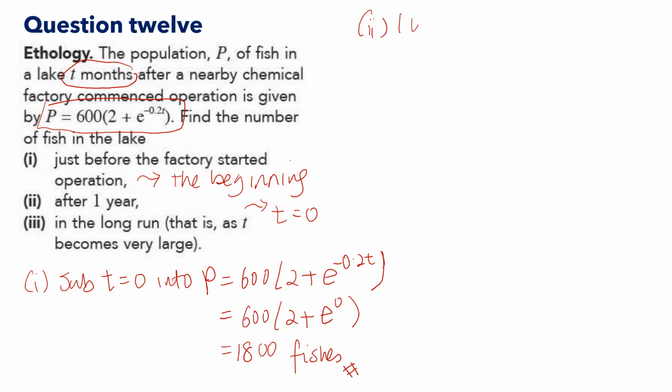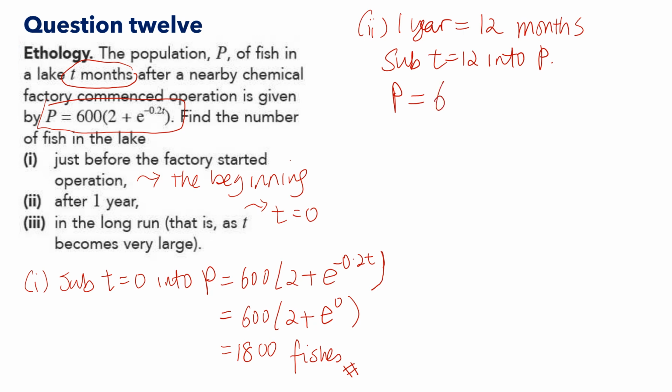So substitute t equals 12 into p. Let's see how much we get. It will be 600 bracket 2 plus e to the power of negative 0.2 times 12.